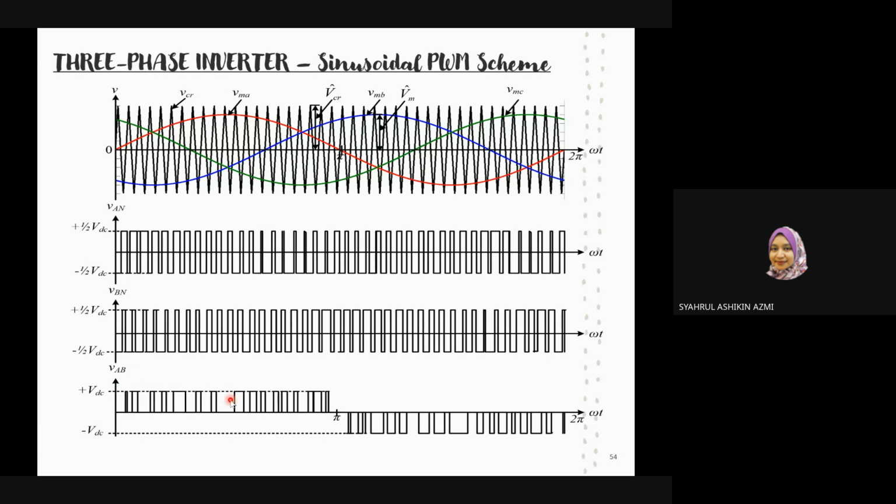You can see it has quite a number of pulses here. It is not a square pulse shape, because as you can see there is quite a number of switching of the high frequency carrier signal, which indicates that this waveform is using high switching frequency, maybe around 1 kilohertz perhaps.